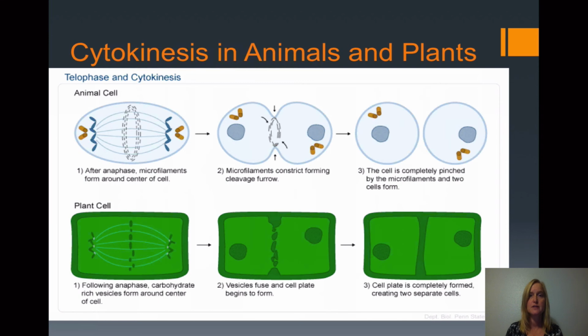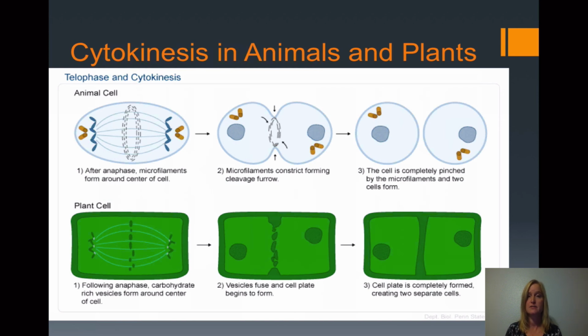Microfilaments are basically what are going to pinch the cell in half. So they constrict, and they form what we call a cleavage furrow. It's like a little indentation in between the 2 cells. The microfilaments then completely pinch the cell into 2 different cells.